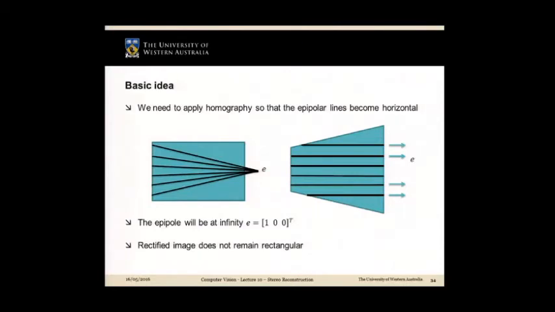Yeah, if you're stretching an image too much, you're losing so much information. There will be some blurriness in the image, right? So too much stretching of the image will also reduce the chances of finding corresponding points. So you need a trade-off: how much to bring these epipolar lines parallel, and how much to stretch that image.